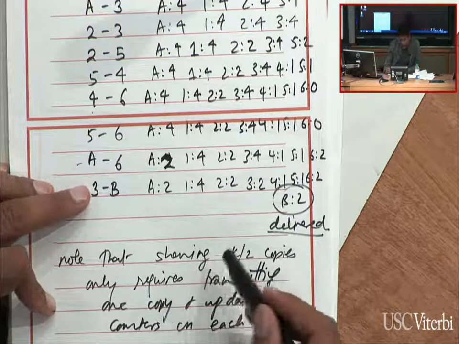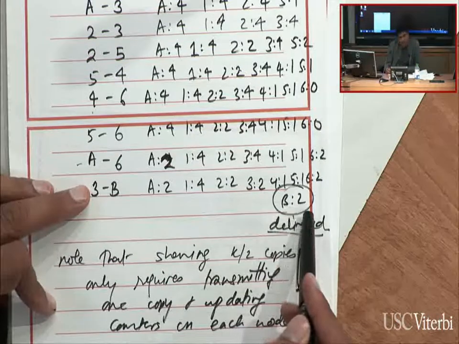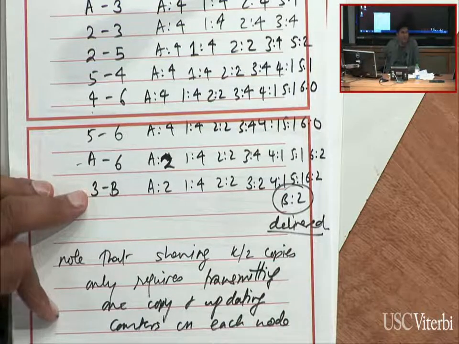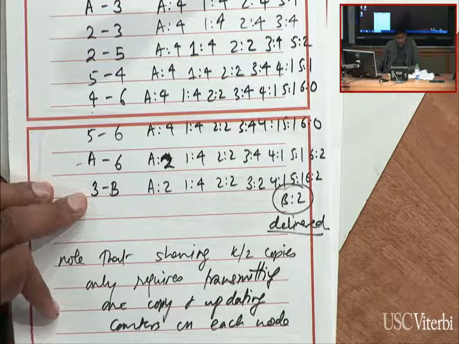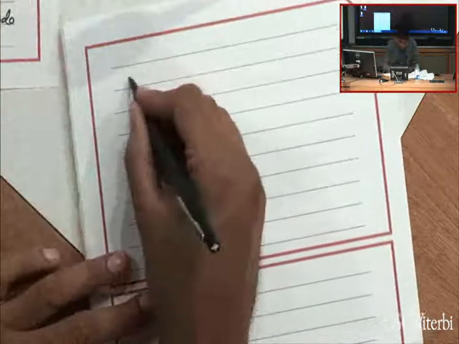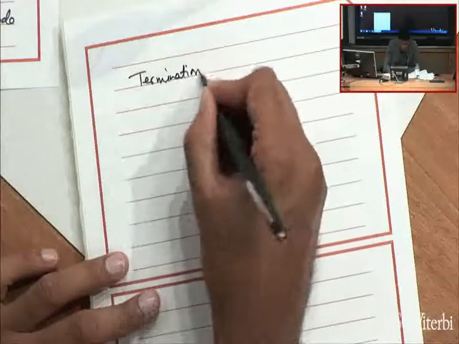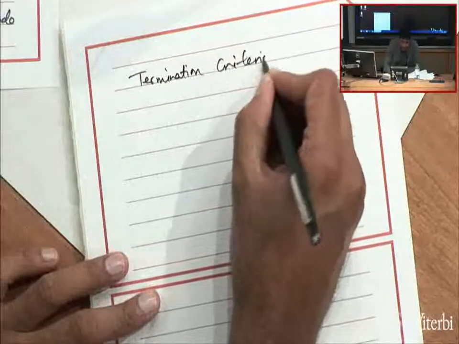So it may happen in the worst case that even though the final destination got the data, you're still making a lot of copies in the network. One way to deal with that is just to throw up your hands and say, well, we couldn't help it. It's a distributed system. There's no way to get that information there. These are what sometimes get referred to as the termination criterion.